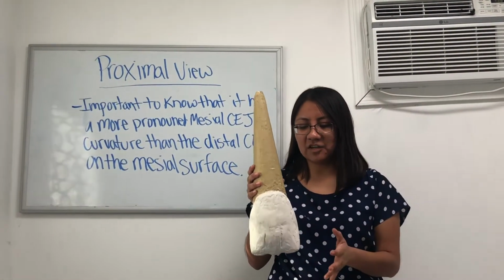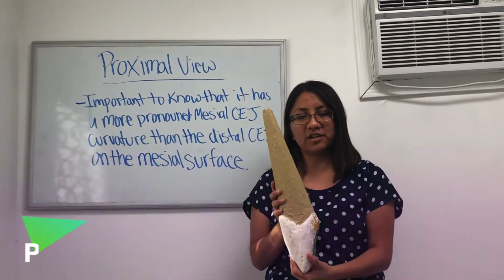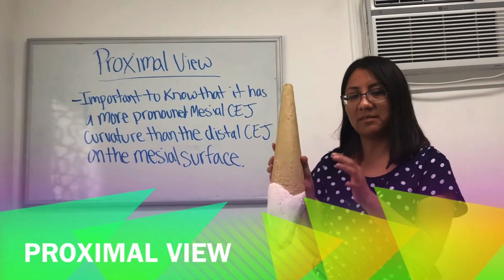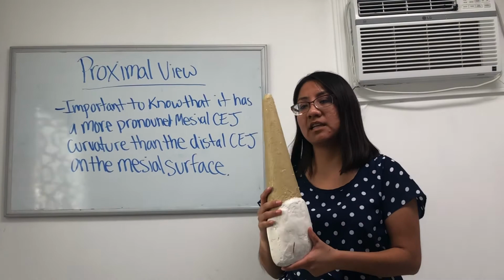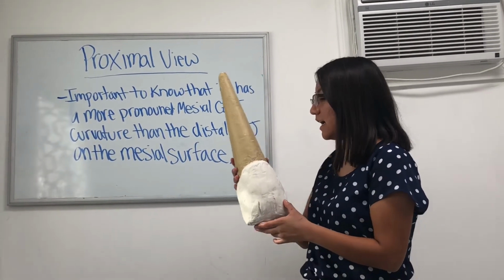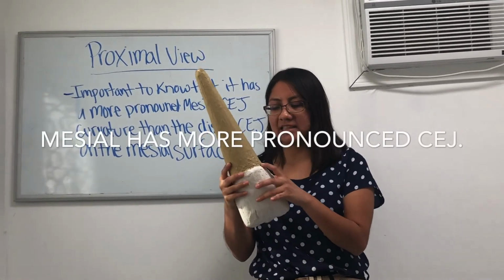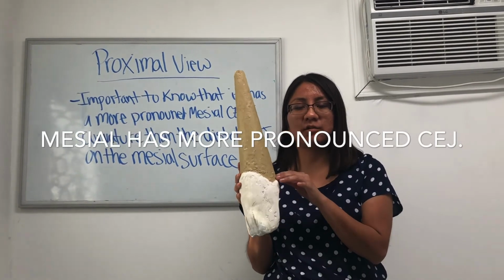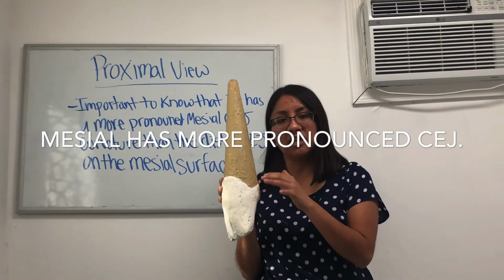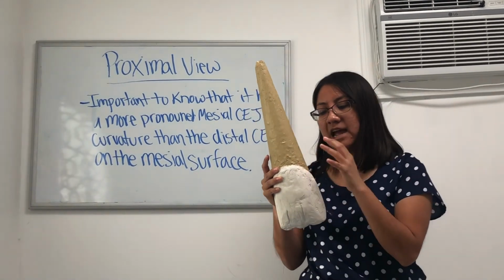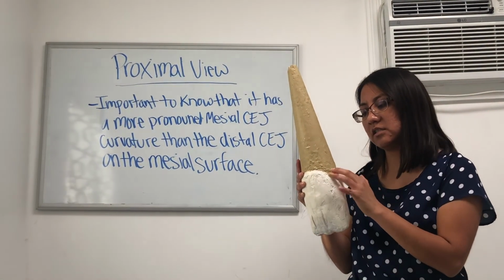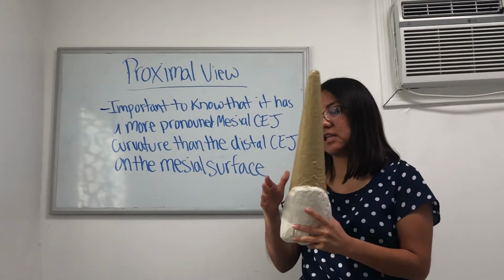To continue, looking at the proximal views, you have here the mesial proximal view and the distal proximal view. One important thing to keep in mind is that the mesial has a more pronounced cementoenamel junction, which is the CEJ curvature. And like I said, it has a more pronounced junction, the CEJ, on the mesial than on the distal.